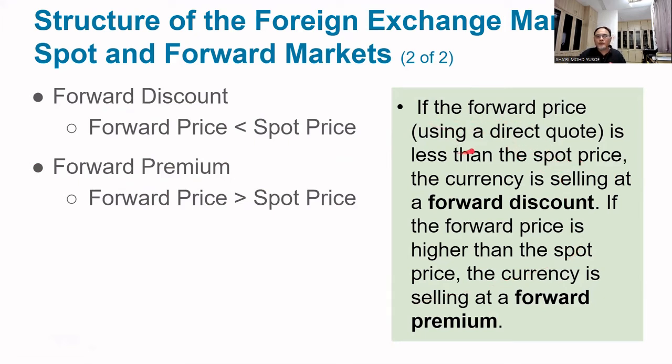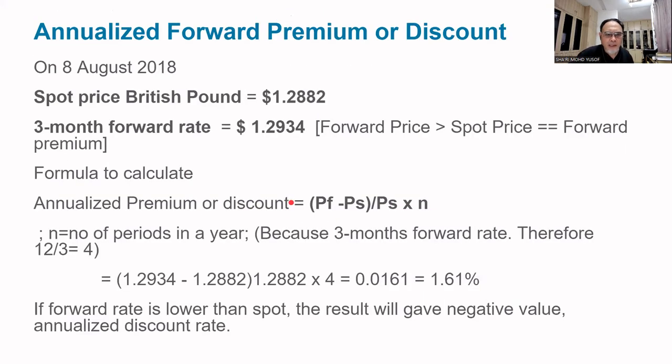Usually we use a direct quote. If the forward price is less than the spot price, the currency is selling at a forward discount, and vice versa. If the forward price is higher, then it is selling at a forward premium. The book gives this example of calculating the annualized forward premium or discount.